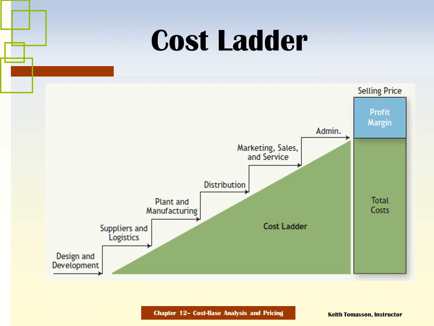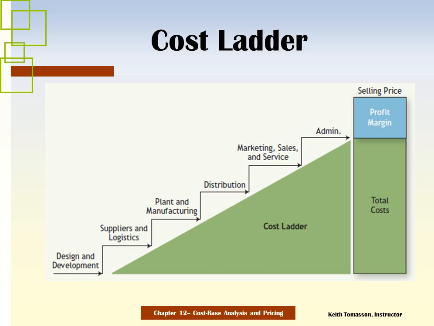We can take a look at the cost ladder, which explains the total cost right through the organization, right from the design and development to some of the costs for our raw materials, our manufacturing costs, distribution and transportation costs, the marketing costs, the administration. Those are examples of the total costs in our organization.